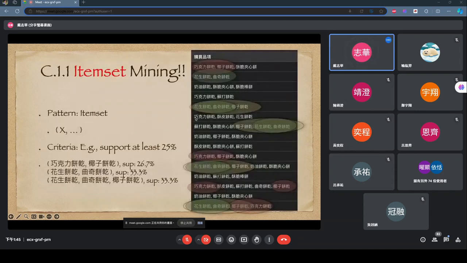And here I cut the name of the customer because we don't care who purchased the product. So we remove the columns of customer's name and we focus only on the purchased item.